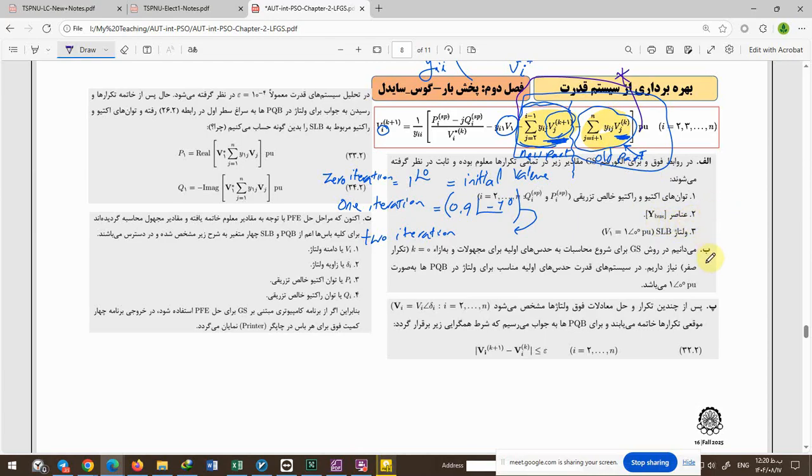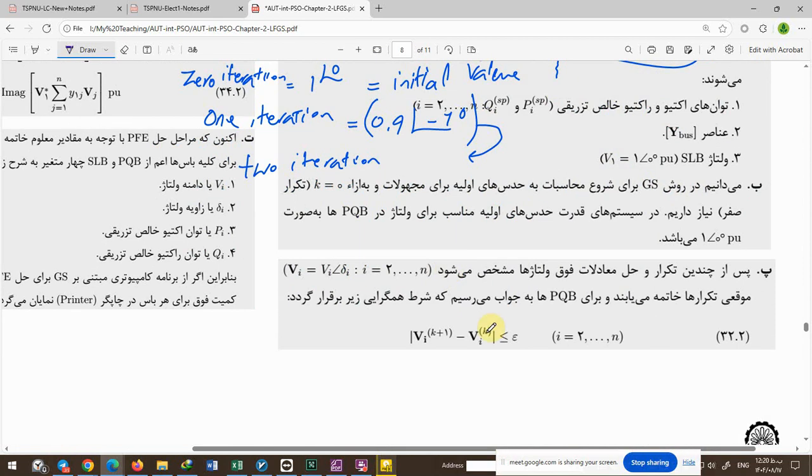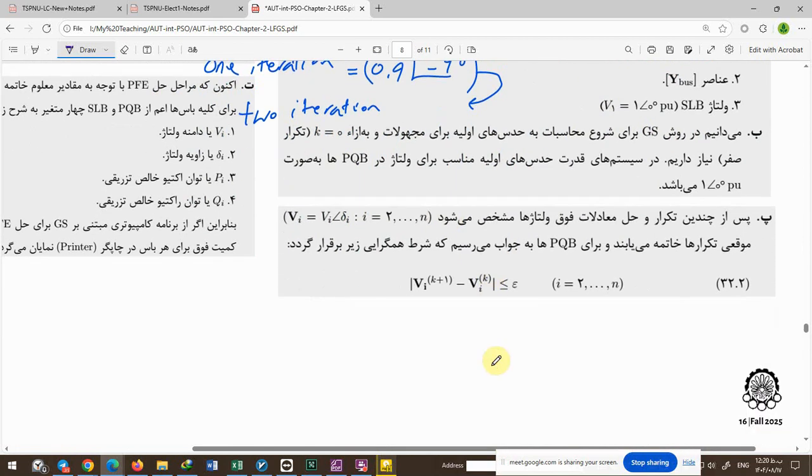Another point: by which criterion can we find that the iteration must be stopped?